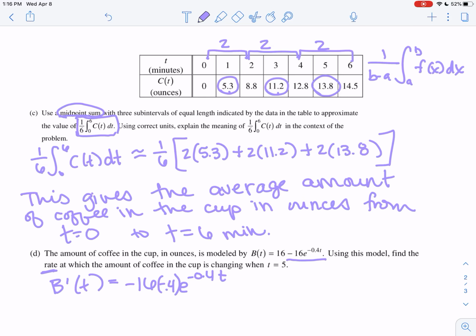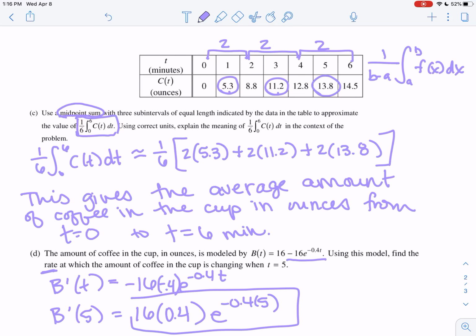I'm going to bring it to the front. Okay, so there's b prime of t. So final answer, just plugging in 5 for t. I've got a negative times a negative, so if you want, let's just make that a positive. All right, and that is that. And I would just leave it like that.